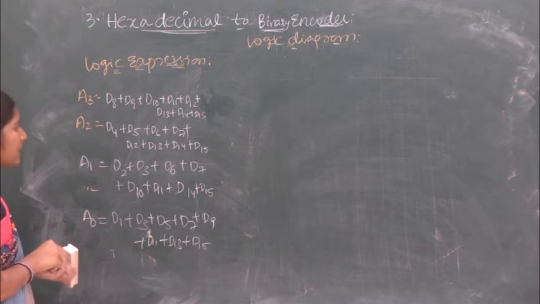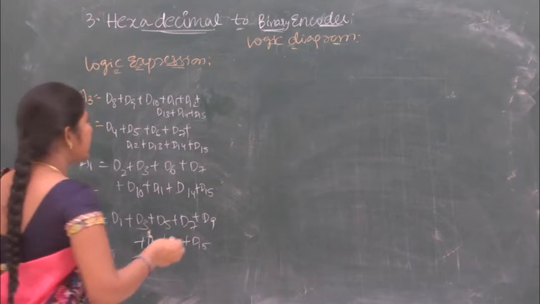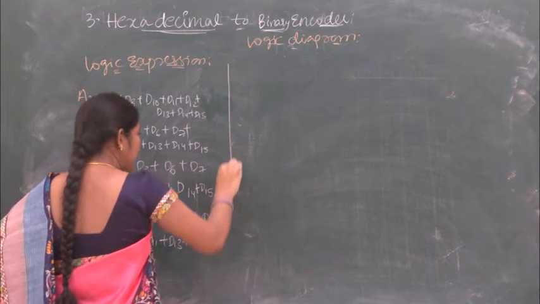To draw the logic diagram, consider all possible inputs here. Here the inputs are D0 to D15.